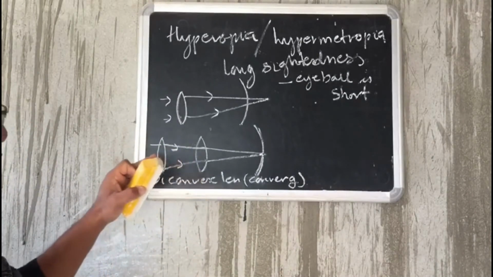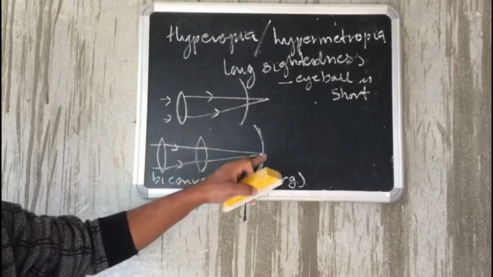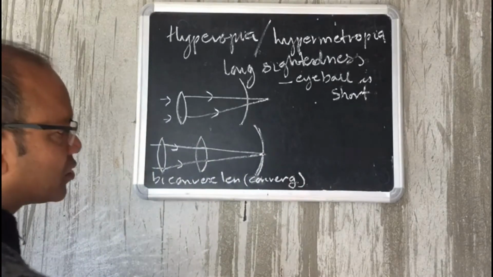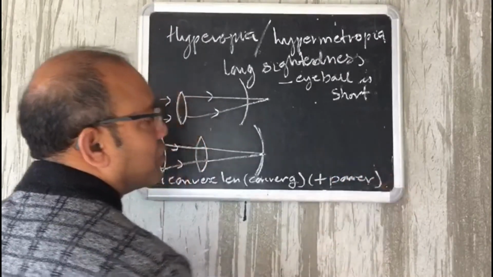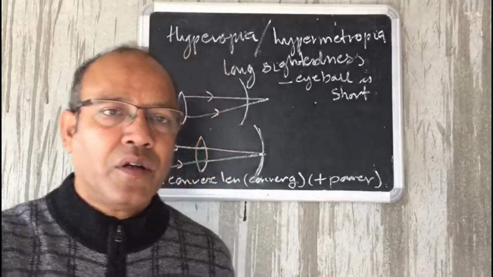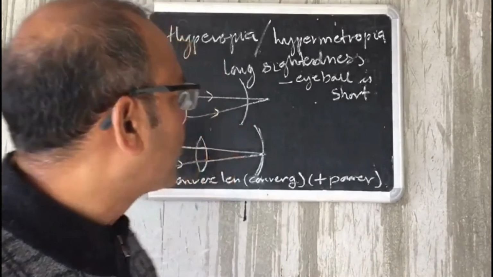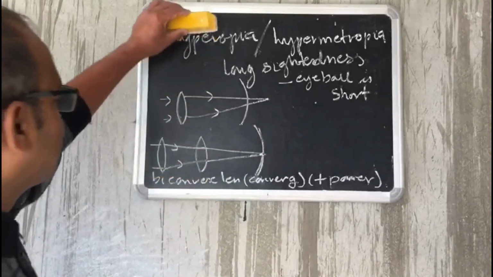And after that, with further convergence by the lens of the eye, the light falls exactly on the retina and the vision becomes clear. This is the plus power. When a biconcave lens is used, it is minus power. When a biconvex lens is used, it is plus power. So this is hypermetropia or long-sightedness.